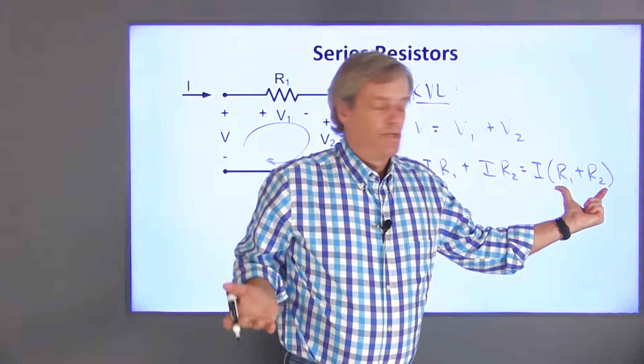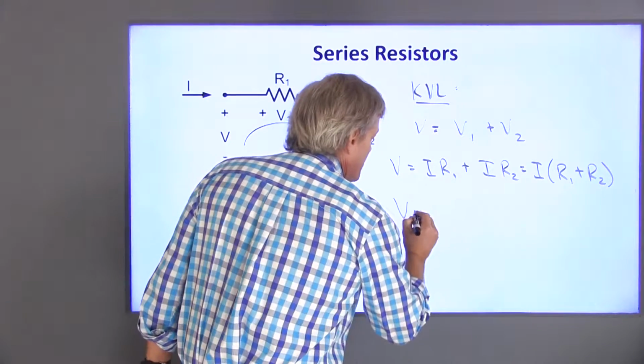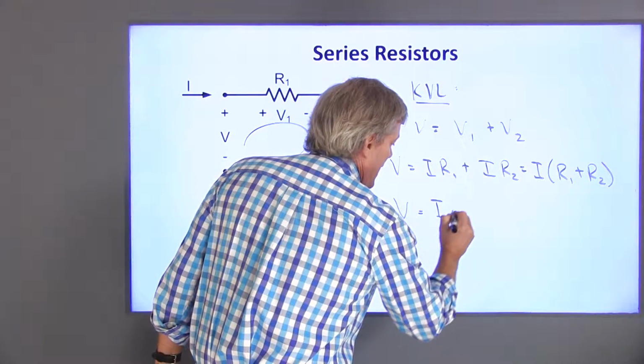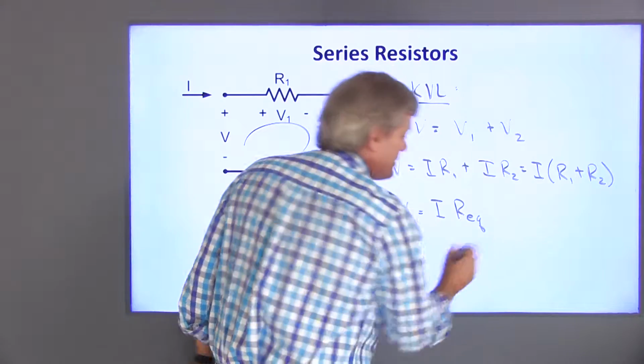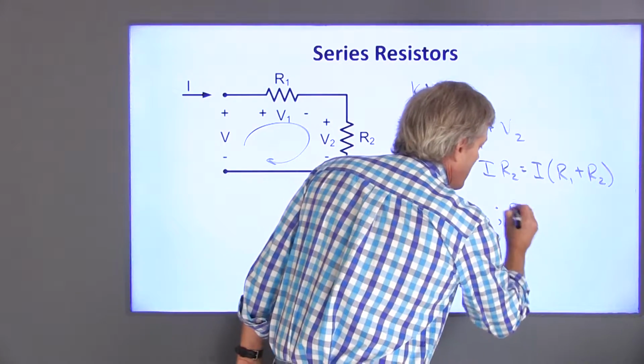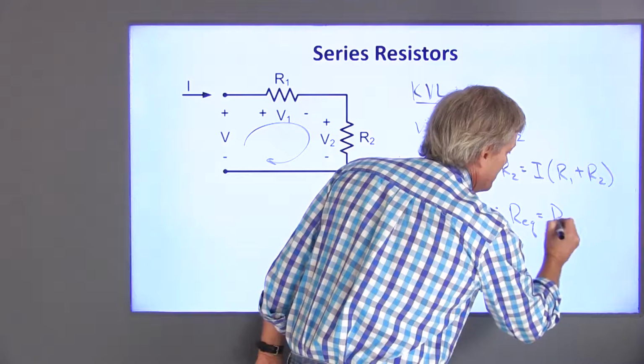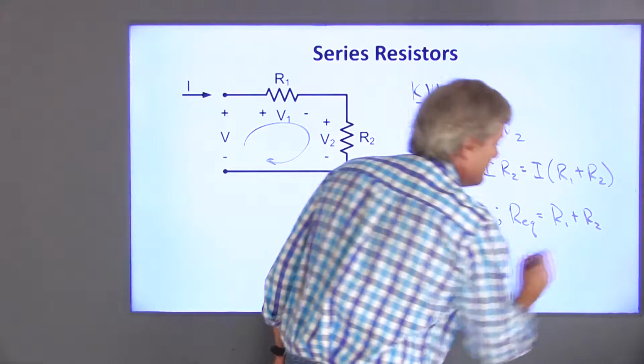R1 plus R2 is still just a resistance. So this can be written as V is equal to I times some single resistance Req, where Req is the sum of the individual resistances.